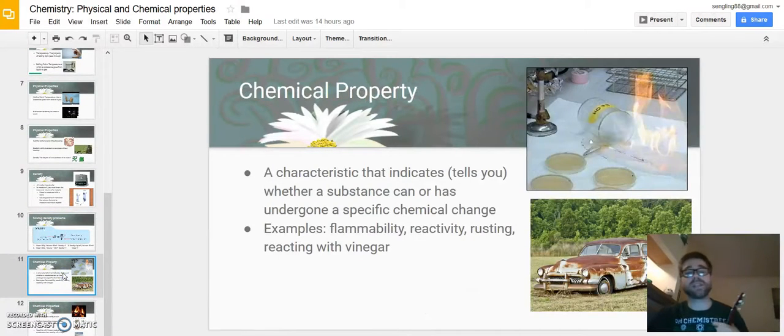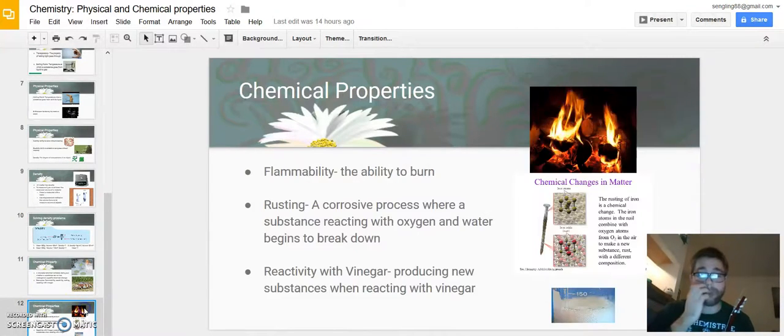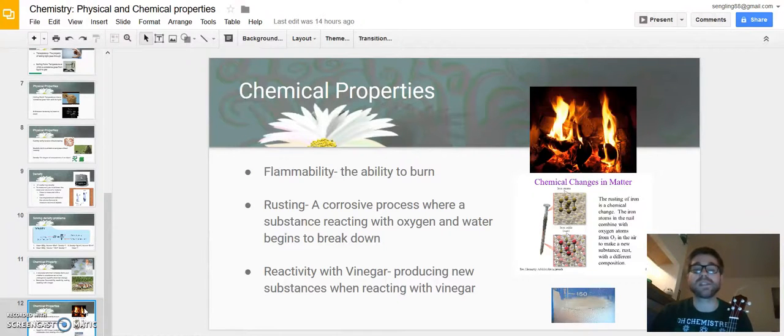Alright, chemical properties. It's a characteristic that indicates whether or not a substance can or has undergone a chemical change. So, some chemical properties are flammability, the ability to burn. Rusting. Rusting is a corrosive process.